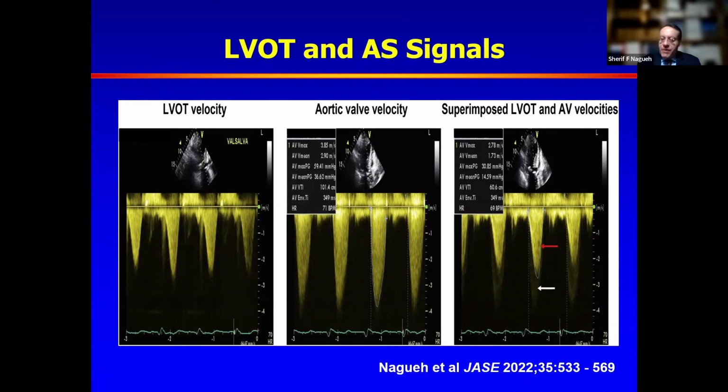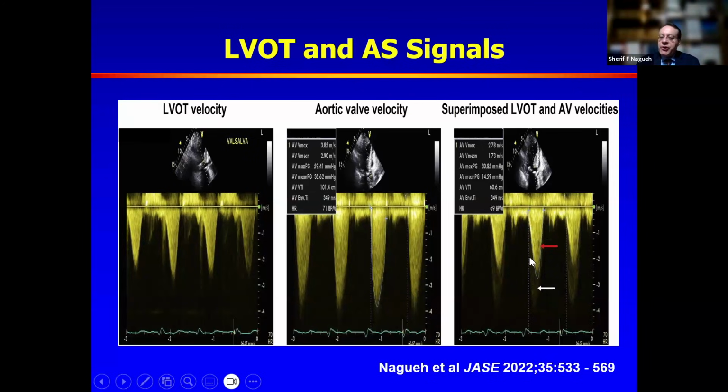When we calculate the gradient here, it is incorrect to do the modified Bernoulli equation because of the proximal obstruction and the proximal velocity exceeding 1.5 meters per second. So we want to do 4(V2 squared minus V1 squared). That figure to the far right of my screen shows the two signals superimposed.